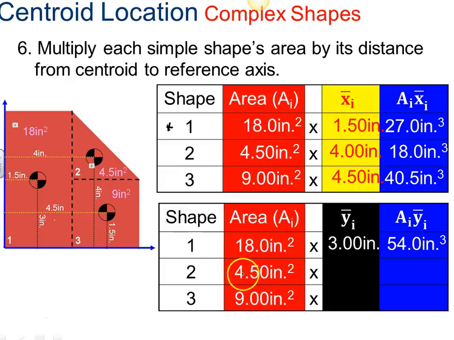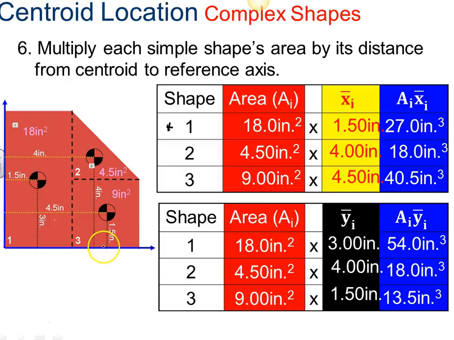Oh, I'm sorry, 4.5 inches squared as our area, and then times 4 inches at this point is going to give 18 inches cubed. And then we've got an area for this one of 9 square inches times 1.5 here is going to give 13.5 cubic inches.